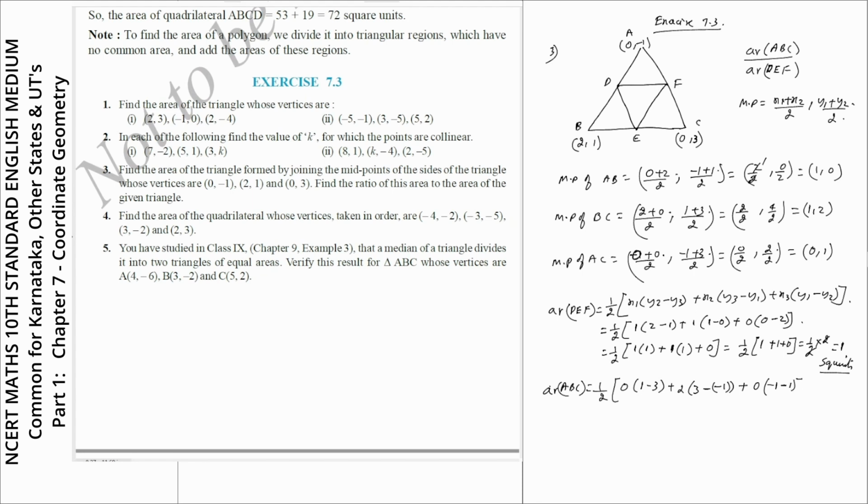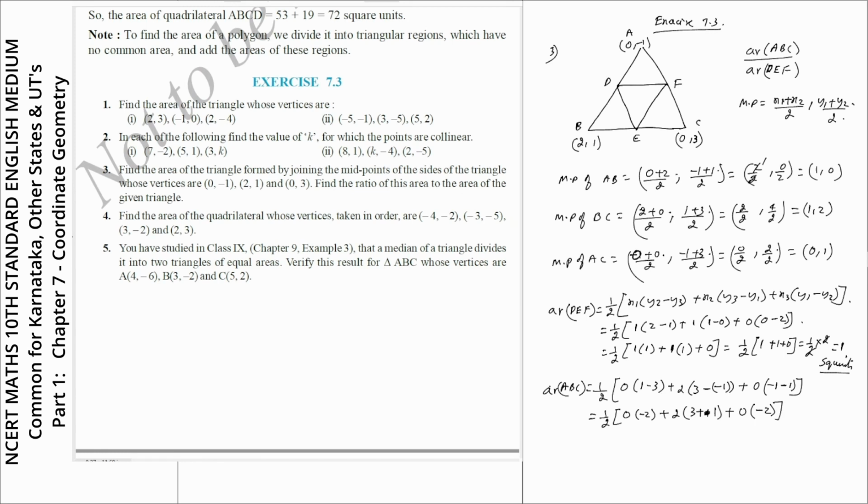Okay, so this is equal to half into 0 into 1 minus 3 is minus 2, plus 2 into 3 minus of minus 1 is 3 plus 1, plus 0 into minus 1 minus 1 is minus 2, we need to add.